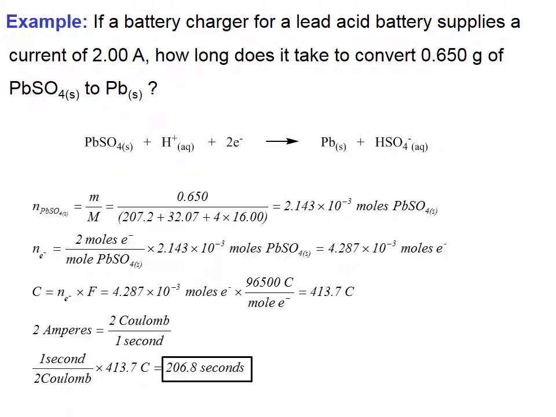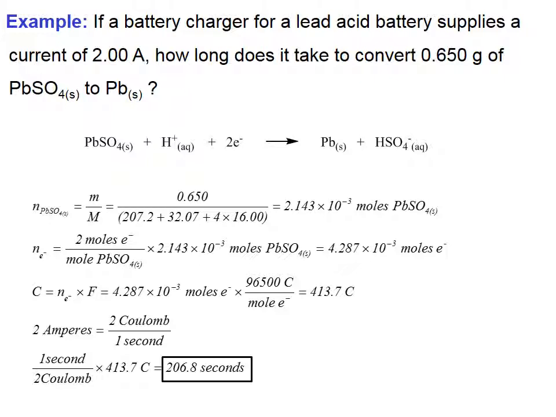I don't want moles of electrons, I want the number of coulombs. So I've got to multiply this by Faraday's constant, which is what I'm doing down here. So I take my moles of electrons and multiply it by Faraday's constant, and that gives me the amount of charge that's being transferred in coulombs. Now, the current is 2 amperes, which is equivalent to 2 coulombs per second.